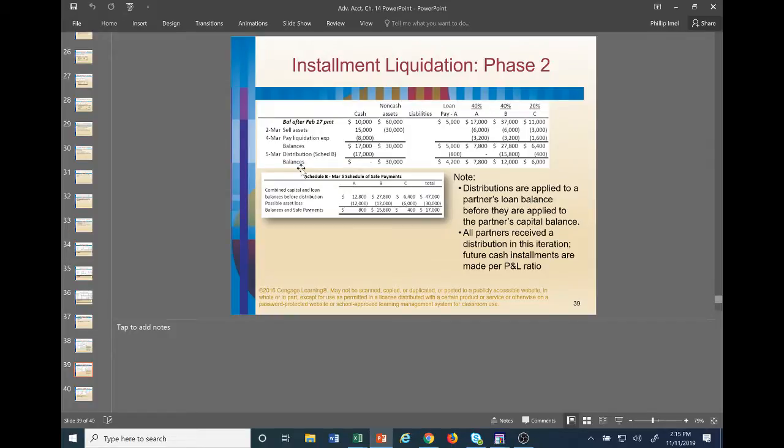On the 4th of March, we paid the liquidation expense of $8,000 coming out of cash, dropping us down to $17,000. Once again, this is going to be allocated based upon the profit and loss percentages.